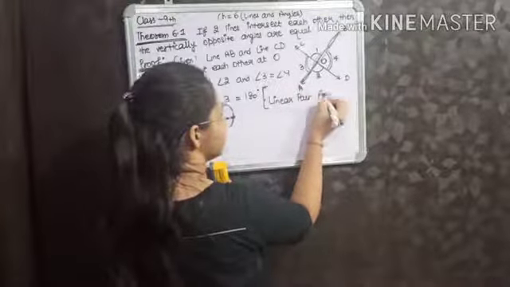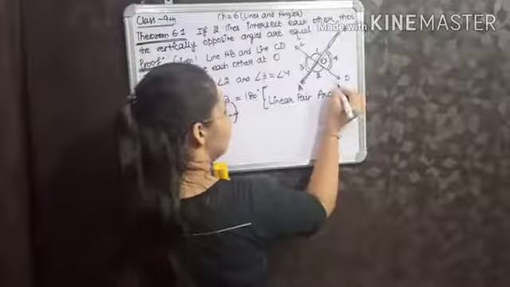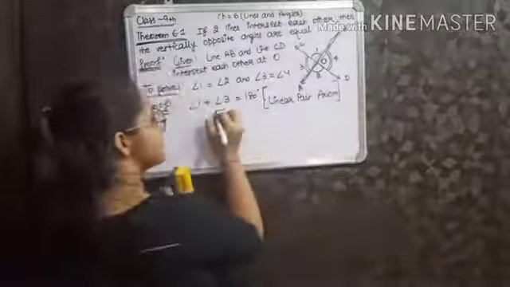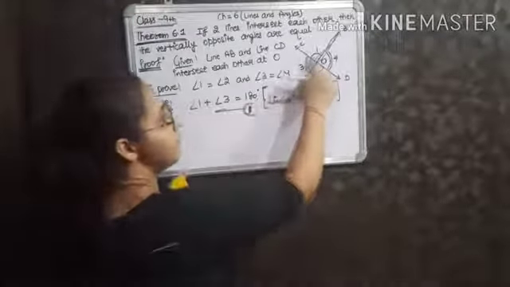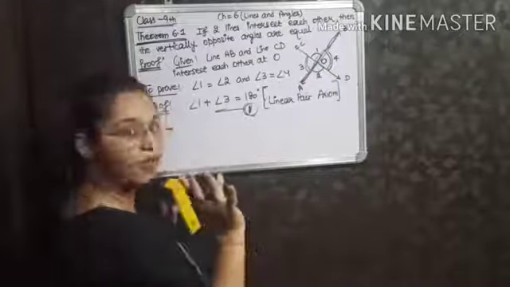We discussed this in linear pair axiom. So this is our first equation. First equation is angle 1 plus angle 3 is equal to 180 degree.